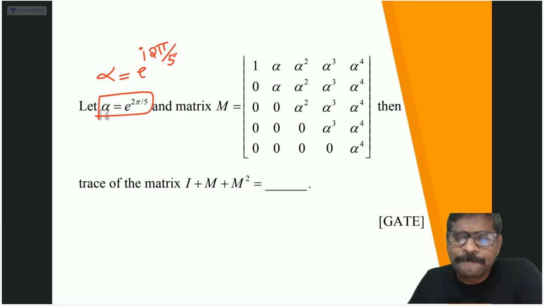It is a 5 cross 5 matrix. Then find the trace of I plus M square.